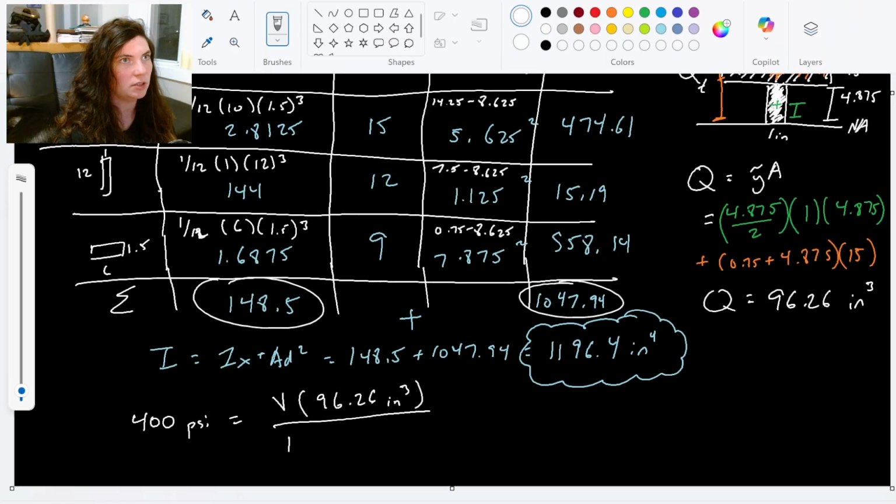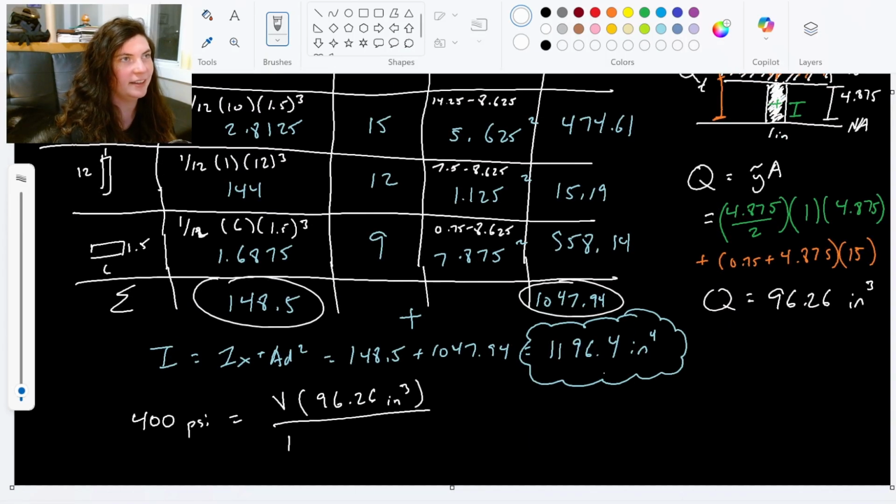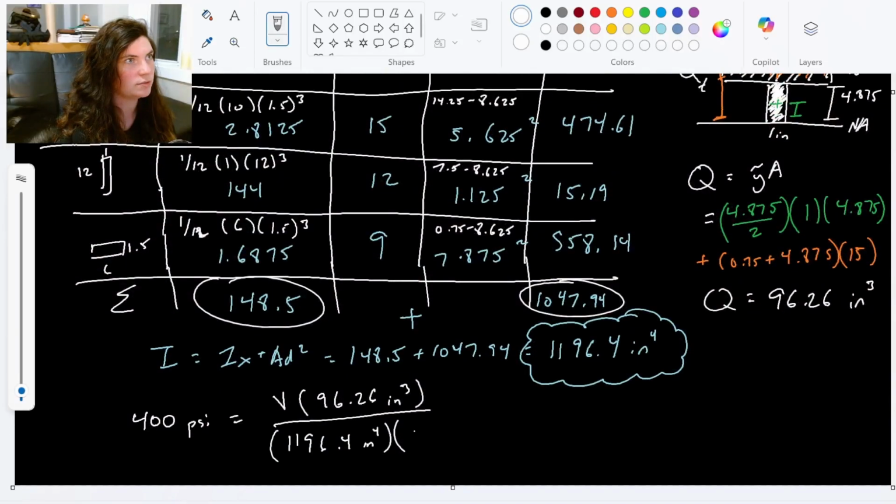What was it? Where is it? Oh, it's right in front of me. I put a big blue circle around it. You'd think I would be able to find it. 1196.4 inches to the fourth. And the thickness value, that T value, which was 1 inch.